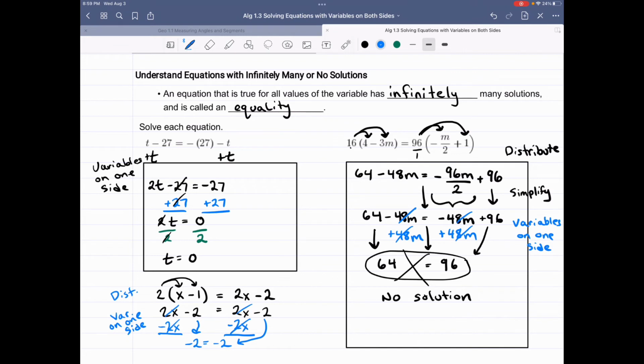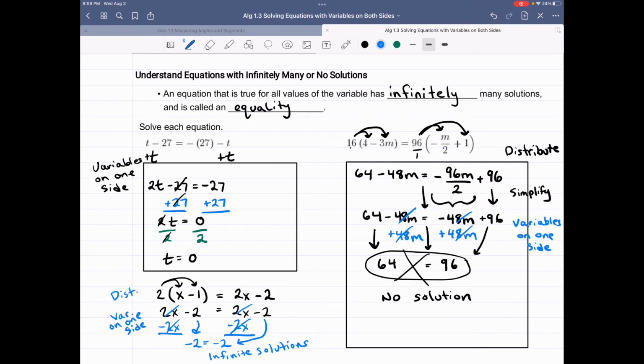And unlike the last problem when we had 64 equals 96, which is never true, negative 2 equals negative 2 is always true. So this is infinite solutions, because no matter what I put into x, this will be true.